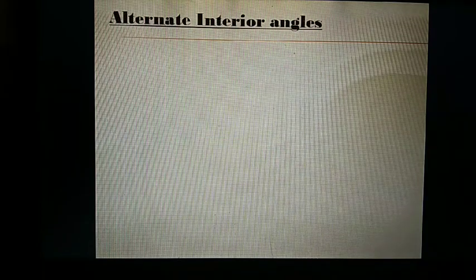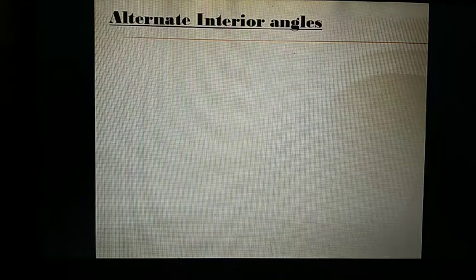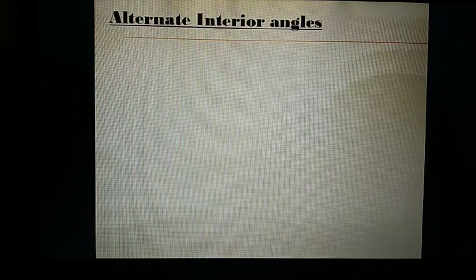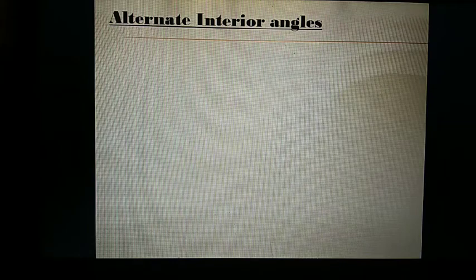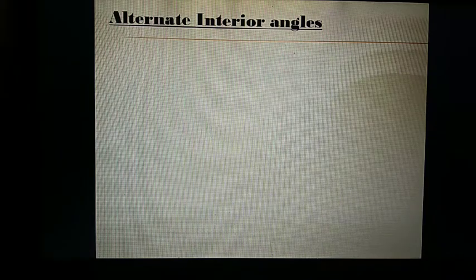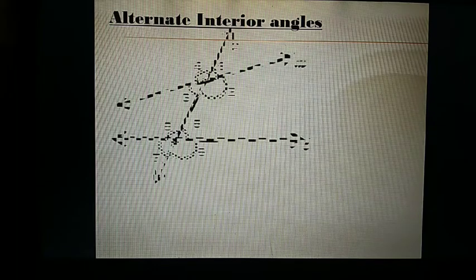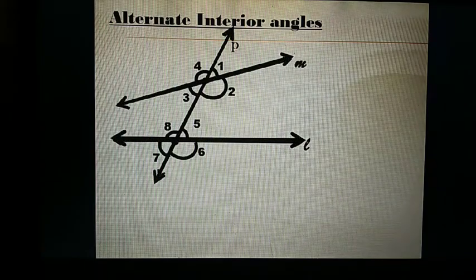Next is alternate interior angle. Alternate interior angle means first you will see the interior angles. Alternate means a pair of angles which are not on the same side of the transversal. So here interior angles are 2, 3, 5, 8.